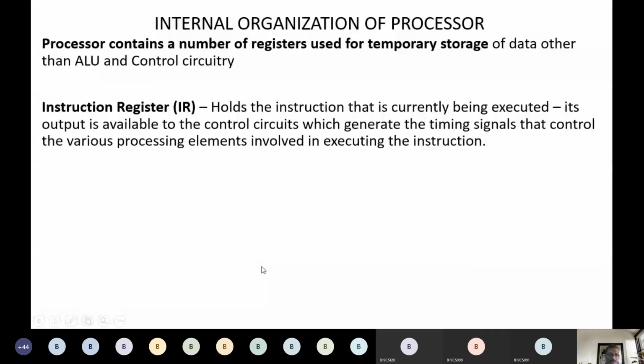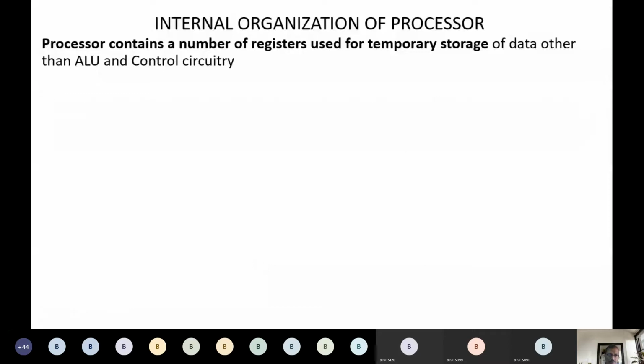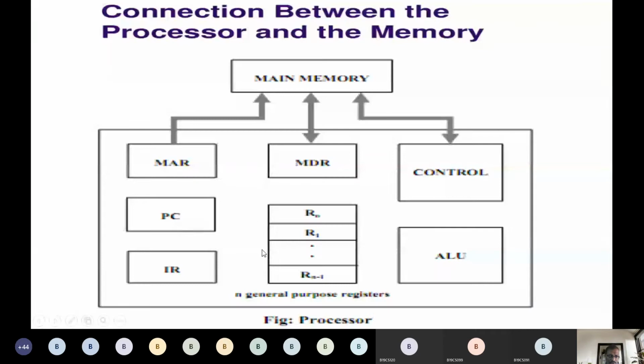This is explained in the next diagram, but before that, we will go through what these registers mean. We already saw that part in the last class, what these registers do. IR, PC, MAR, MDR, these are all the registers. IR is the instruction register, PC is program counter.